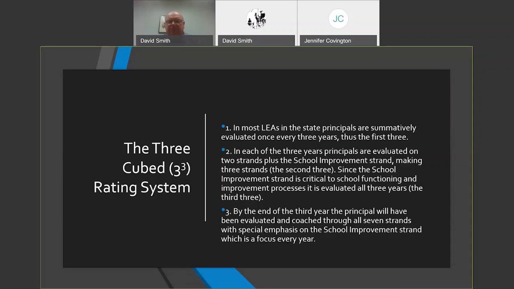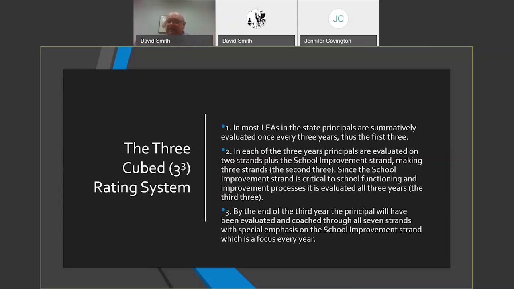We know from research that if people are working on more than 3 goals during the course of the year, they tend to get confused and sidelined, and they just don't ever make the progress that they ought to make. So we're suggesting that you work on 3 strands as their 3 goals for that year, and then you would have the opportunity of having focus, of having conversations, of having joint observations, of looking at the evidence for all of those things, and then being able to do that in smaller chunks.